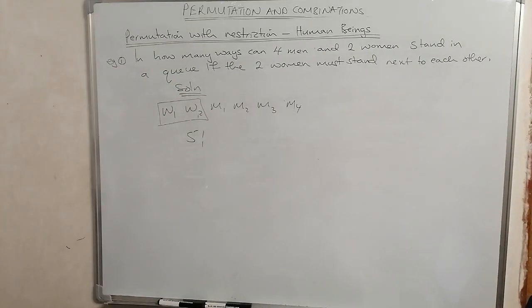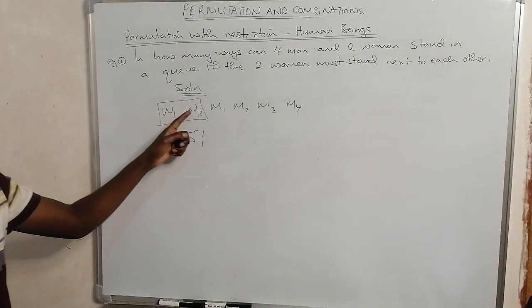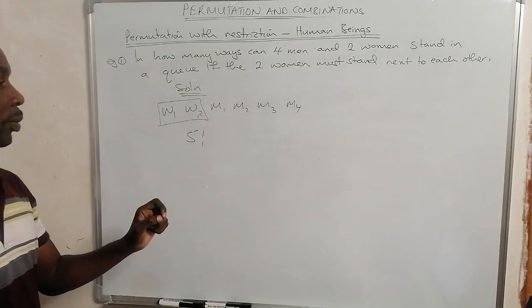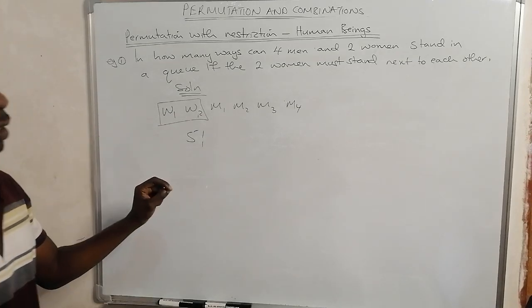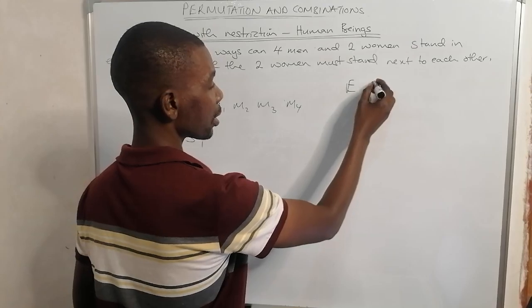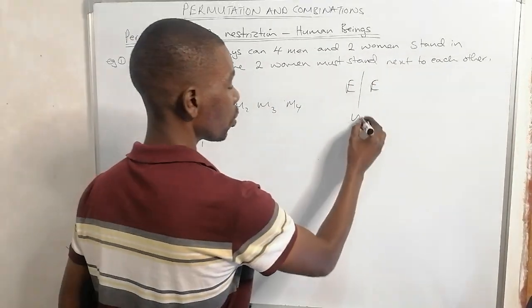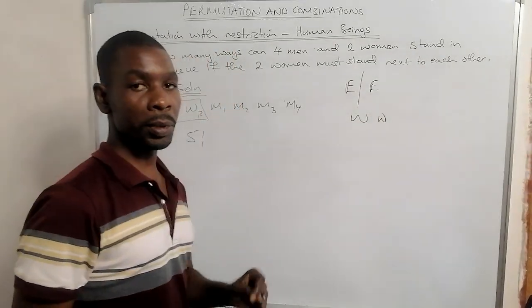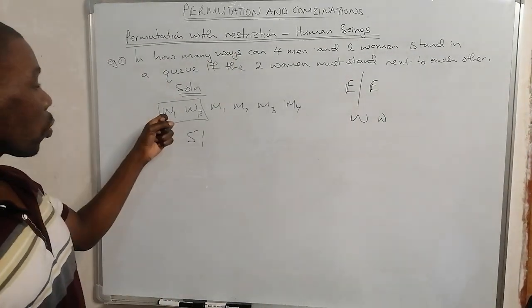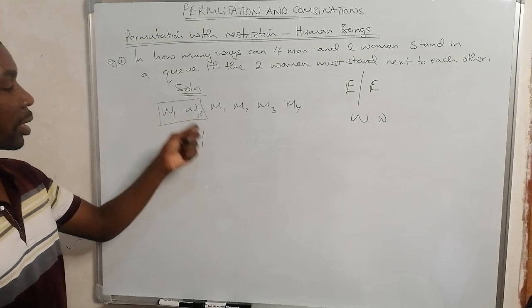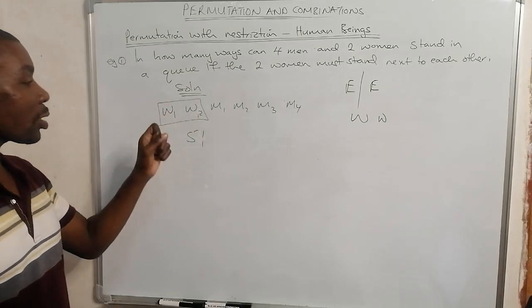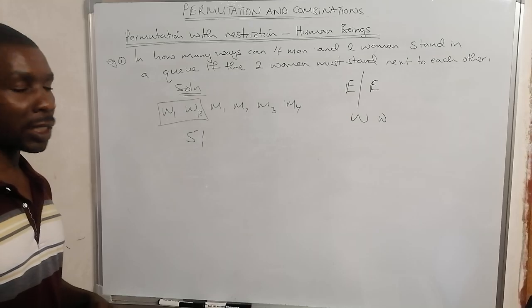So 5 factorial times, remember these are people, so we can't consider them as one thing. Unlike letters, where E is the same as E, and W is the same as W, women 1 is not the same as women 2. So these women can change positions.